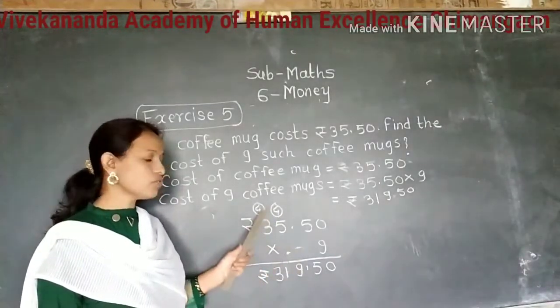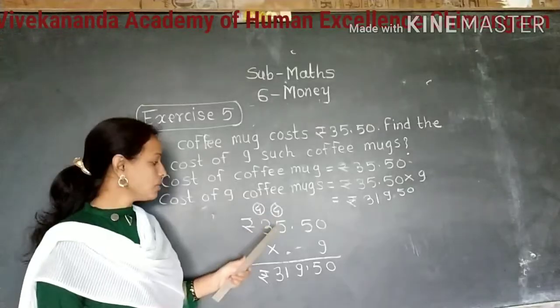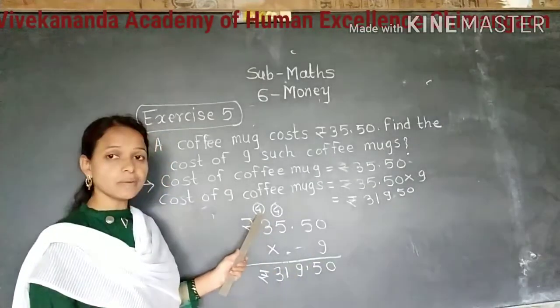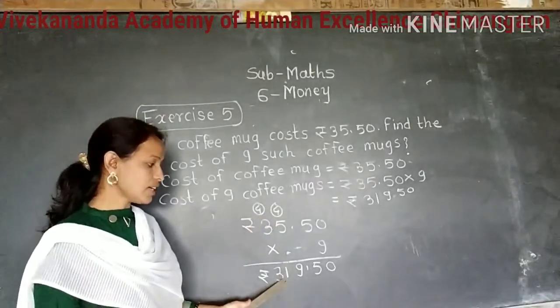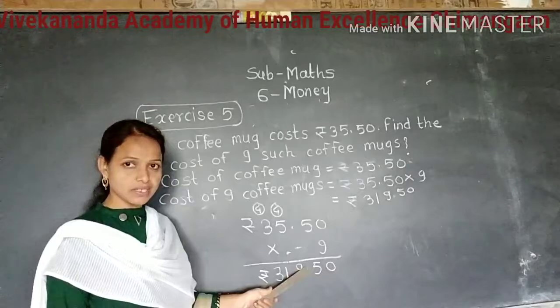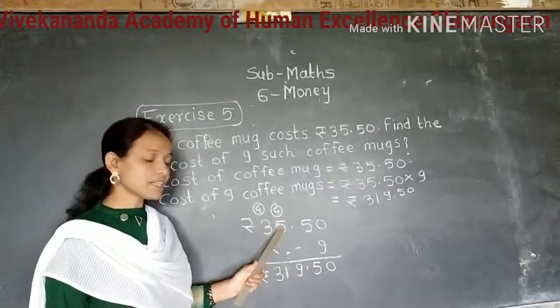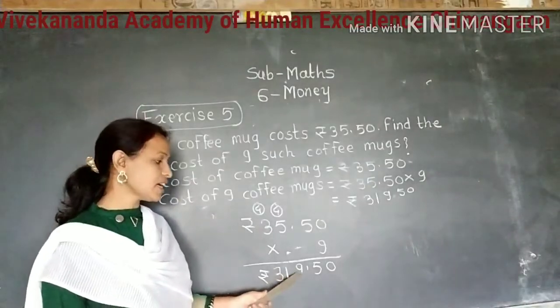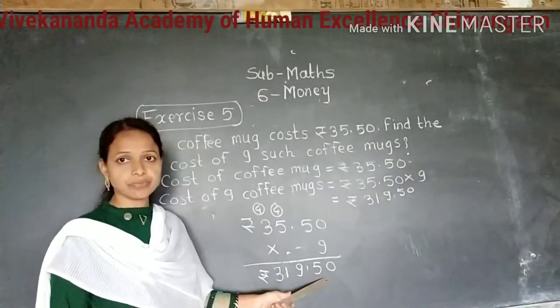So 9 right here, 4 carry over. Then we multiply 3 by 9. 9 3s are 27. 27 plus 4, 31. So 31 right here. And put the dot from the right two places. In this way, here we multiply 35 rupees 50 paise. We get here the answer 319 rupees 50 paise.